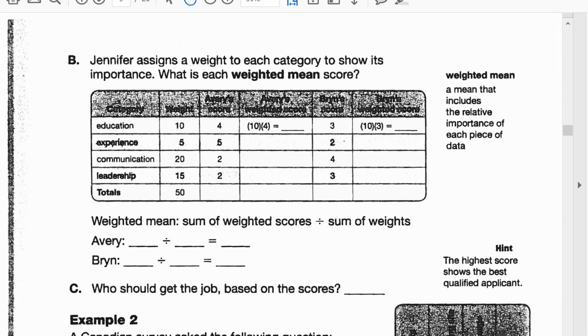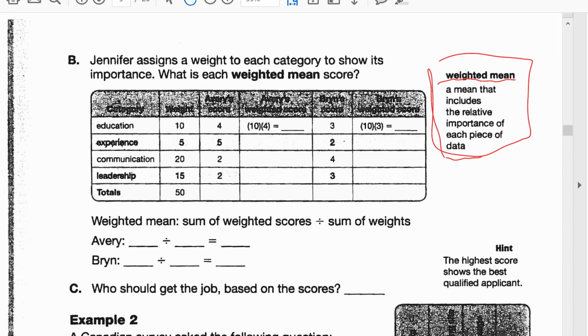B. So Jennifer looks at both of these two people, and she assigns a weight to each category to show its importance. What is each weighted mean score? If you didn't know, weighted mean means a mean that includes the relative importance of each piece of data. So maybe education is very important.